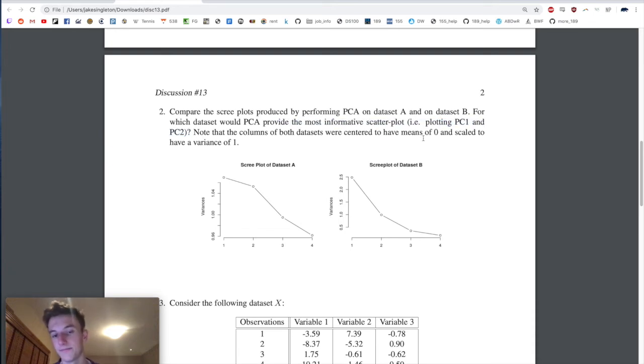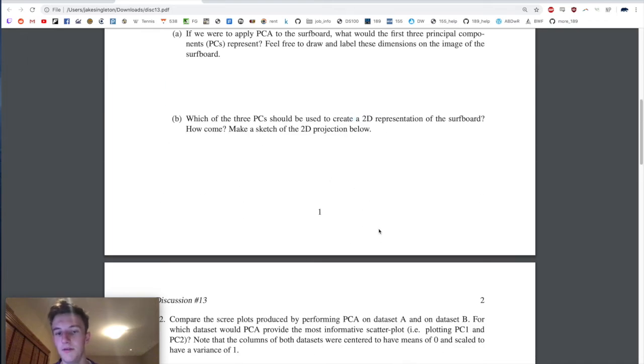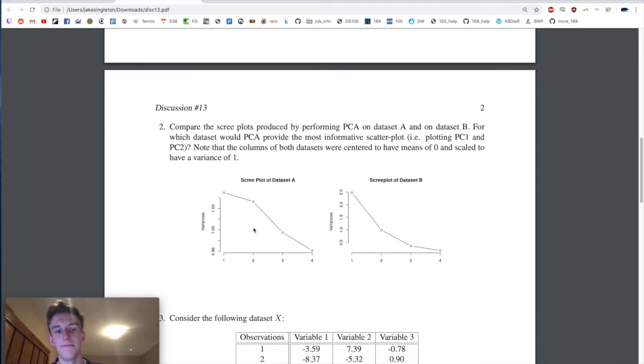And so again, we should think back to what we did in part B when we made this 2D representation. A scatter plot is going to be two-dimensional. Maybe I'll give you all a couple seconds to think about this before I reveal the answer. So again, PCA is about maximizing variance. We want to explain the most variance possible.